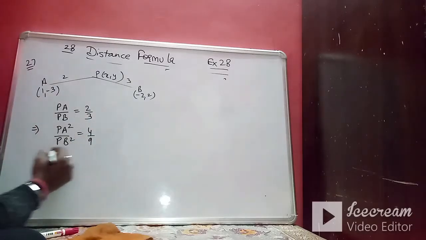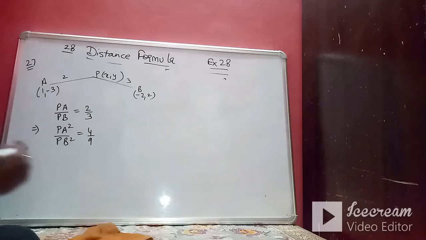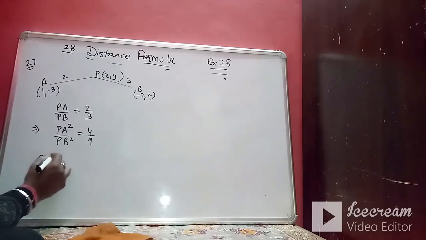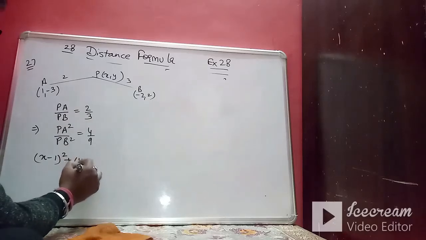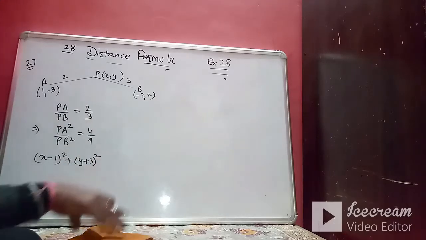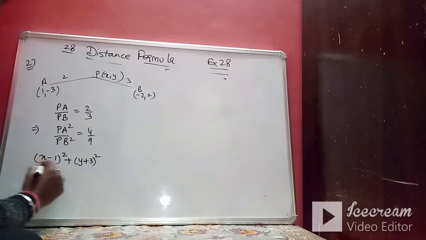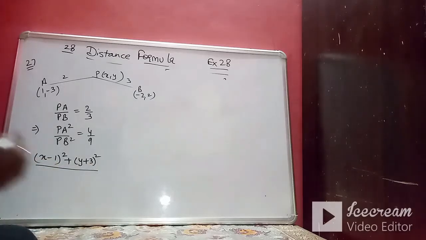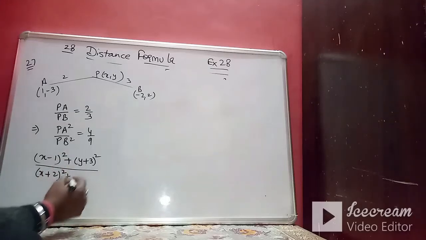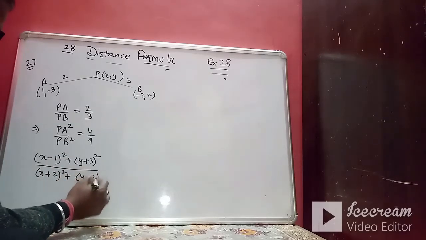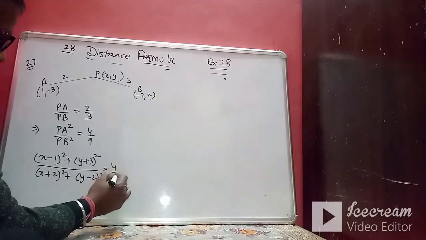So what is PA square? PA square will be (x minus 1) whole square plus (y plus 3) whole square. What will be PB square? (x plus 2) whole square plus (y minus 2) whole square, equal to 4 upon 9.